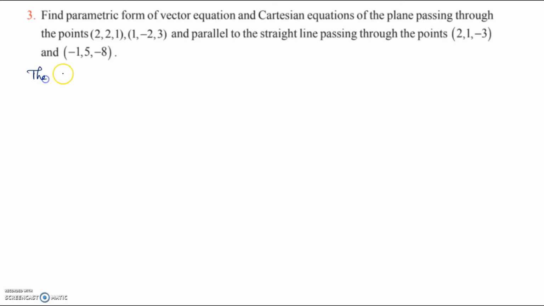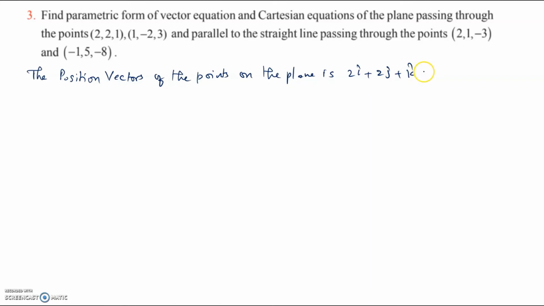So the position vectors of the points on the plane are 2i cap plus 2j cap plus k cap, which is vector A, and i cap minus 2j cap plus 3k cap, which is vector B. And also the line which is parallel to our required plane passes through the points 2, 1, minus 3 and minus 1, 5, and minus 8.